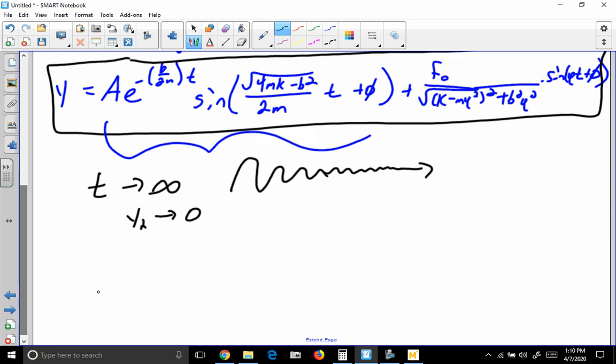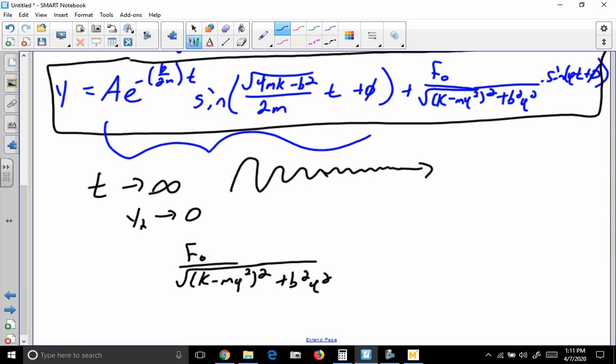So what you're left with as t goes to infinity is just f sub 0 over the square root of k minus m gamma squared plus b squared gamma squared times sine of gamma t plus theta, which, remember, this part is a result of the external force, the driving force.